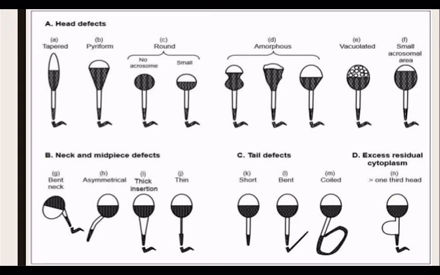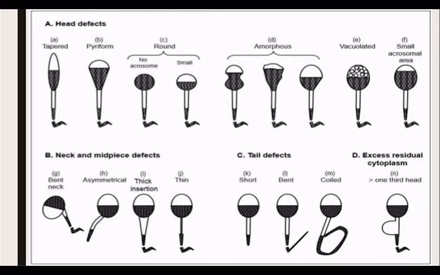Now in the picture you can see these abnormal defects that I have mentioned in the previous slides. Head region: you see the tapered, pyriform, round head, amorphous head, vacuolated head, small acrosomal area.